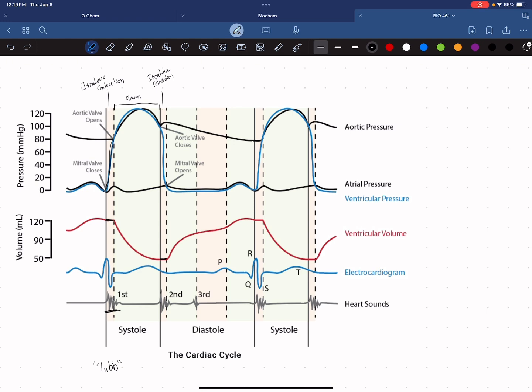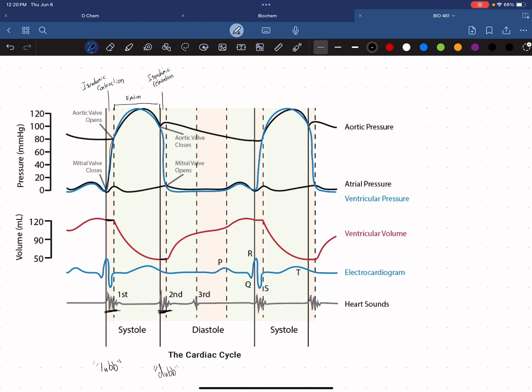The ventricular pressure will go below the aortic pressure, and as soon as that happens, the valve from the ventricles to the aorta will close. That causes the second heart sound, which is commonly identified as dub.